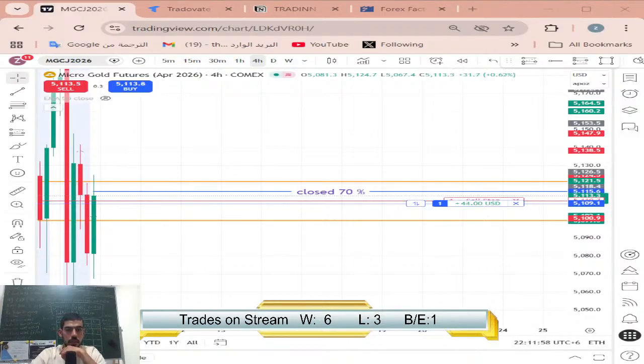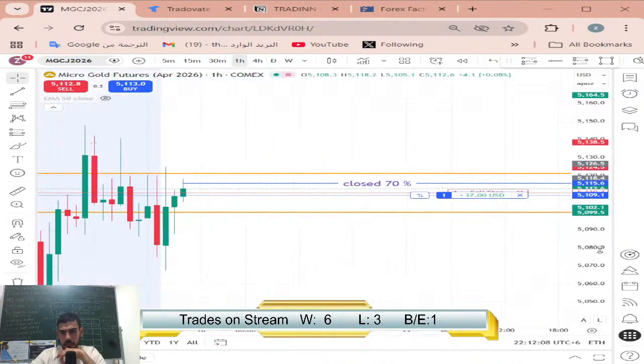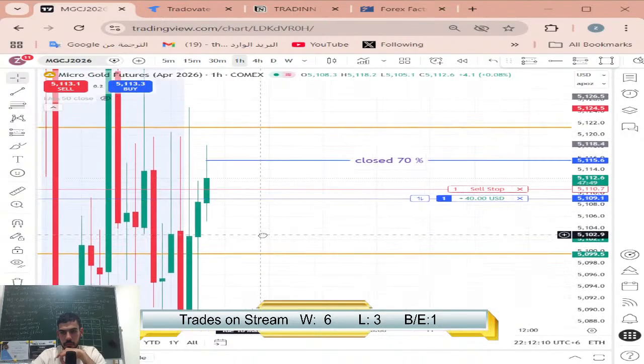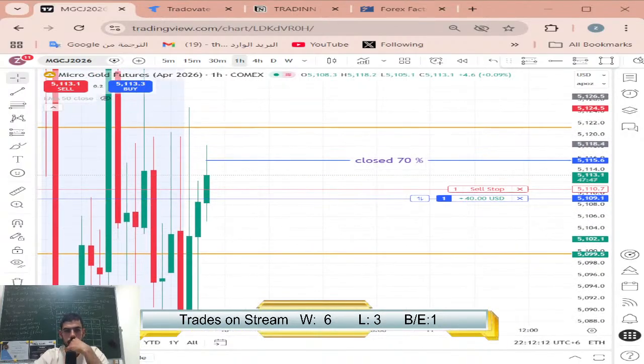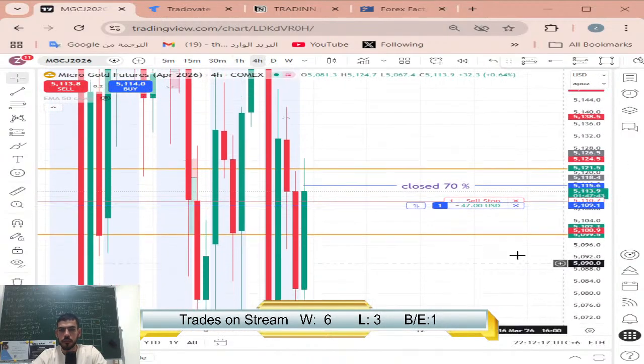Very choppy and slow, which is not good conditions to trade in. Just taking a screenshot.